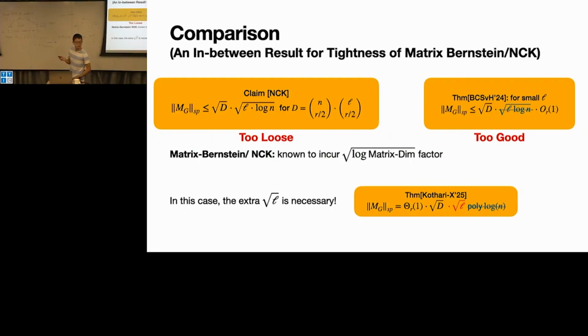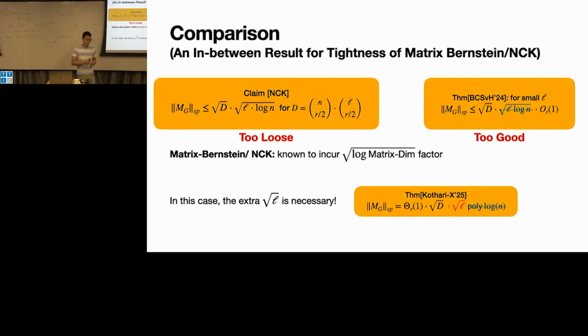So in the middle, is there a lower bound for the matrix Bernstein, NCK? The lower bound? Yes. I think the upper bound explains the middle one: we know that it's needed for some matrices. For example, with diagonal matrices, you need the square root log dimension factor.